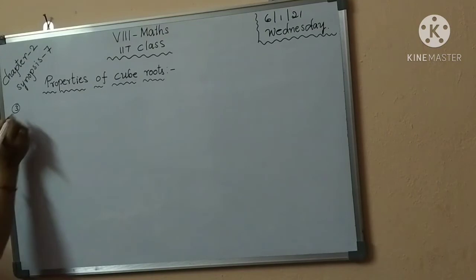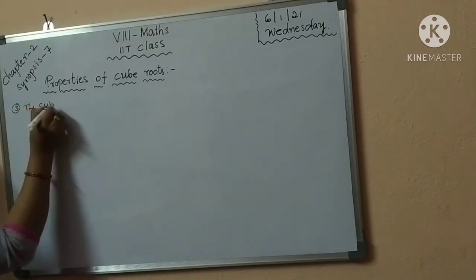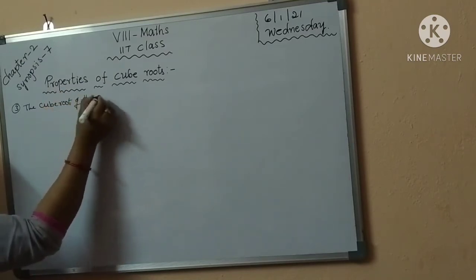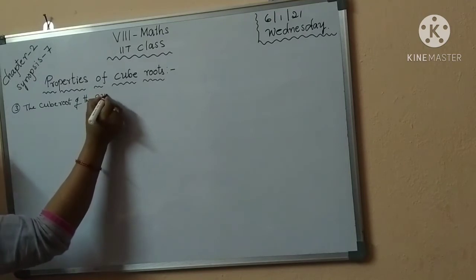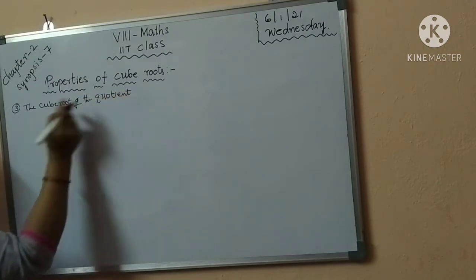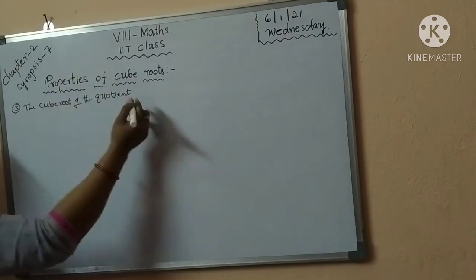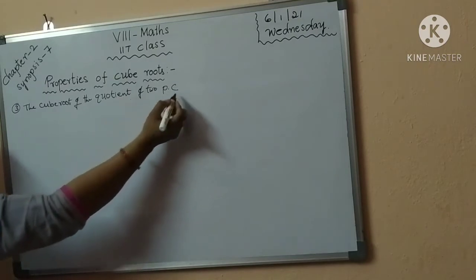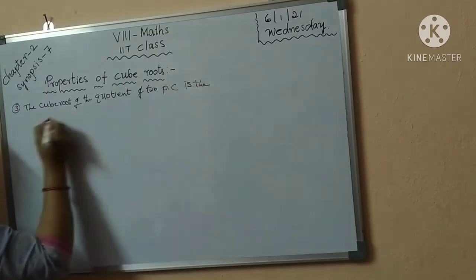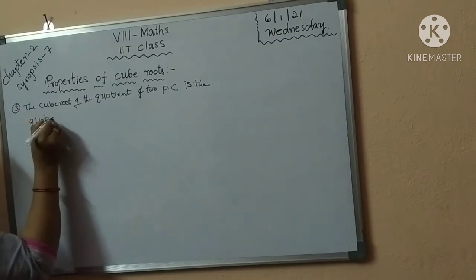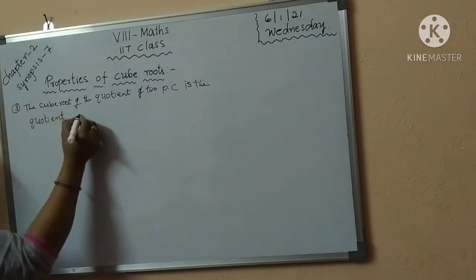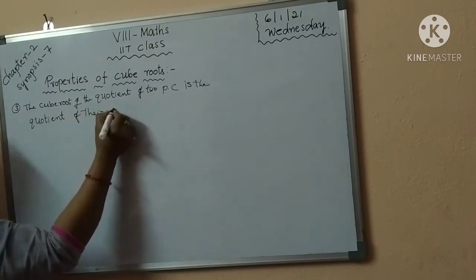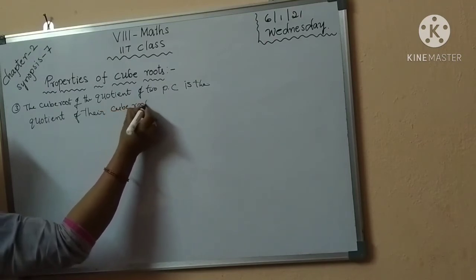The cube root of the quotient of two perfect cubes is the quotient of their cube roots.